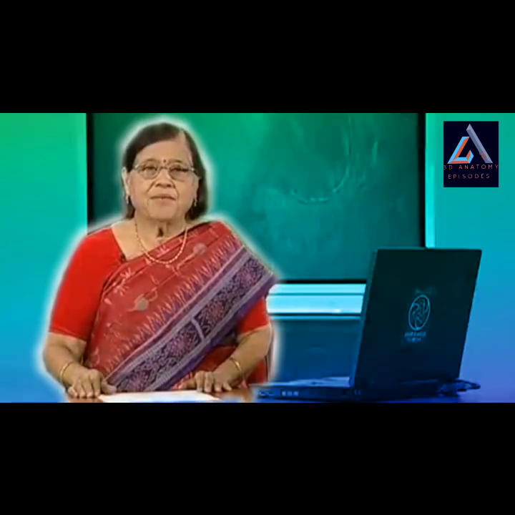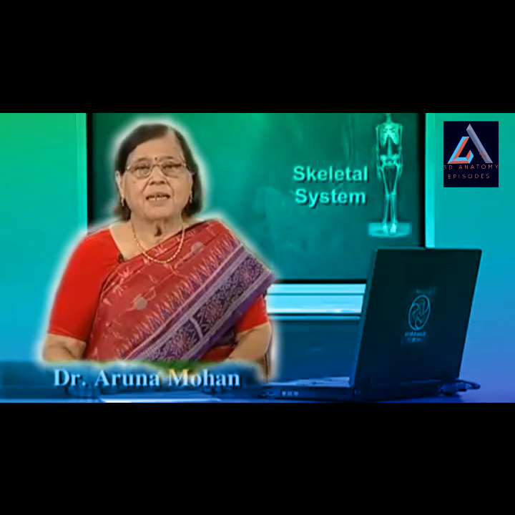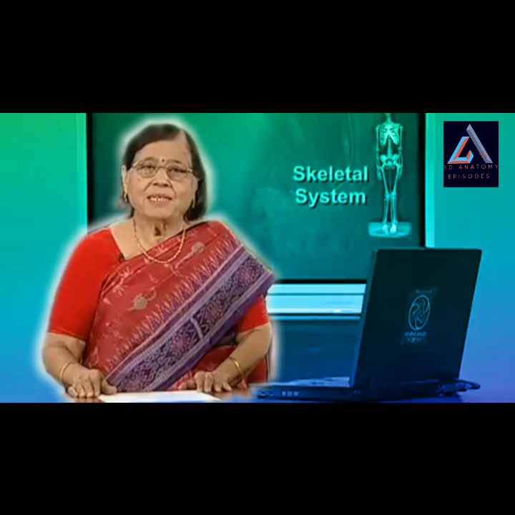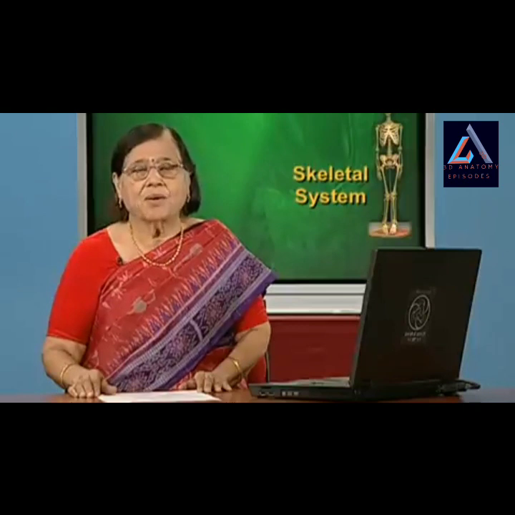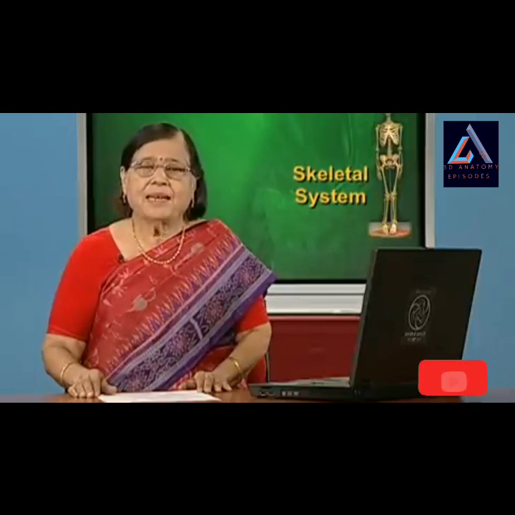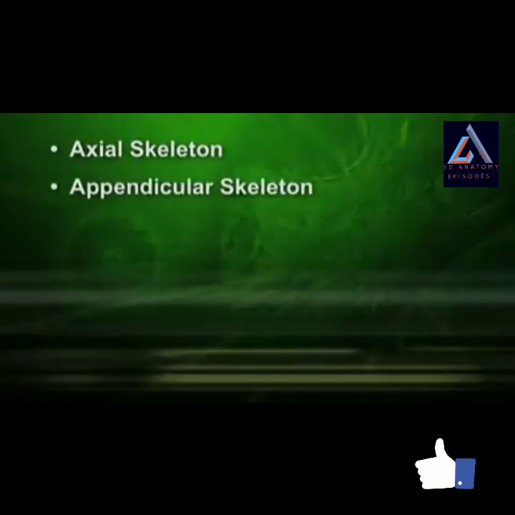Students, in previous sessions we discussed the skeleton in relation to movement and locomotion. We understood that along with bones, the muscles and the nervous system are also important, and we discussed in detail the 206 bones in our body, the axial skeleton and the appendicular skeleton.